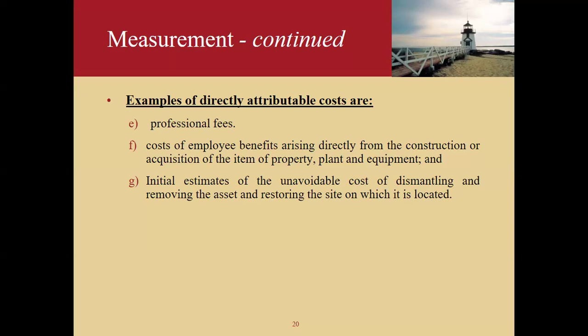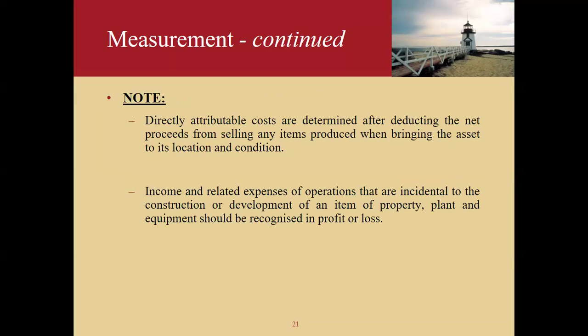Then the other, initial estimates of the unavoidable costs of dismantling and removing the asset and restoring the site on which it is located. So whatever additional estimated or unavoidable costs are attributed to this property, plant and equipment.